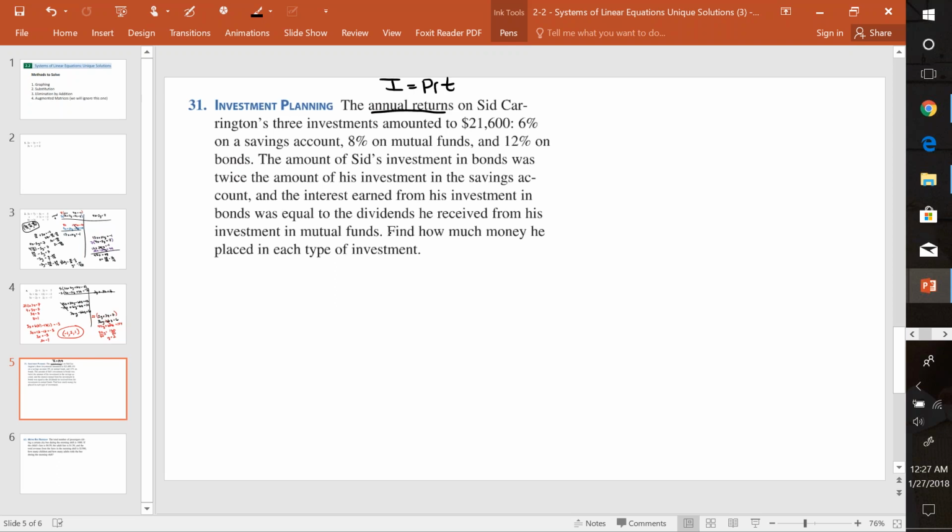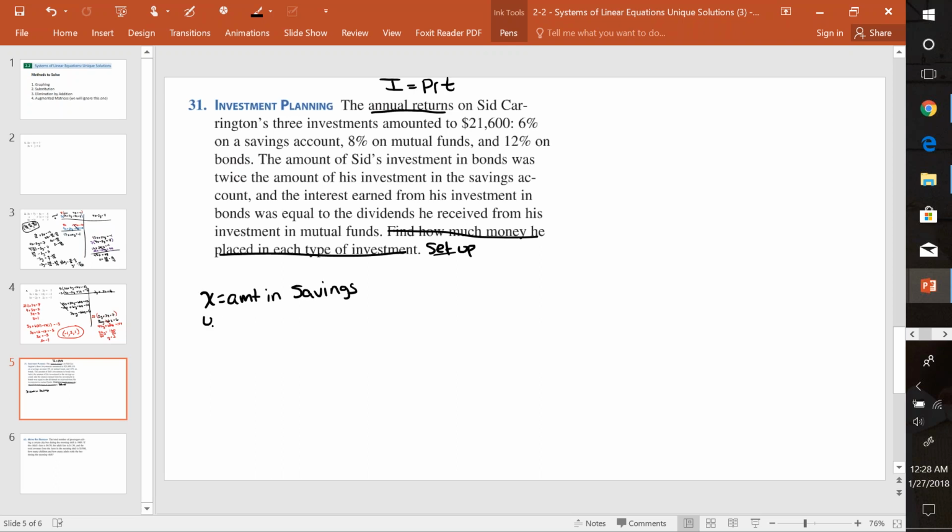We're going to be doing a lot more with word problems later, so let's just do a setup on this one. If we're looking at his 3 different accounts, we need to give them names. So we're going to call X the amount in his savings.